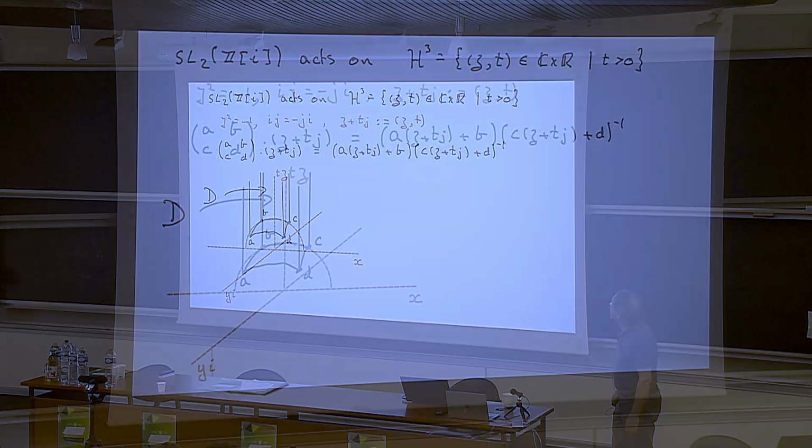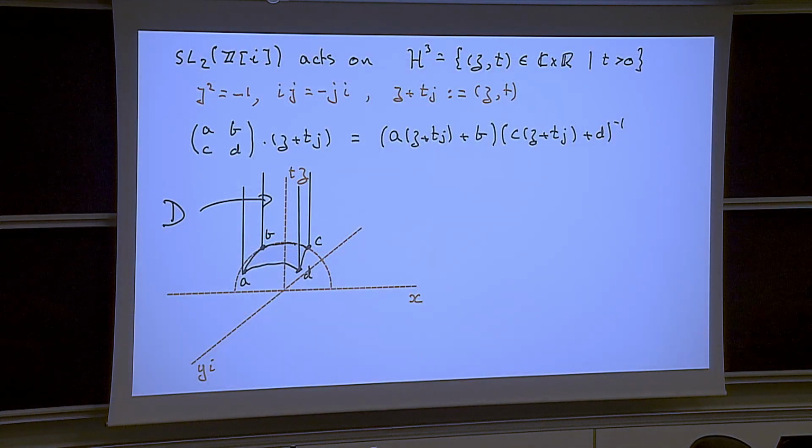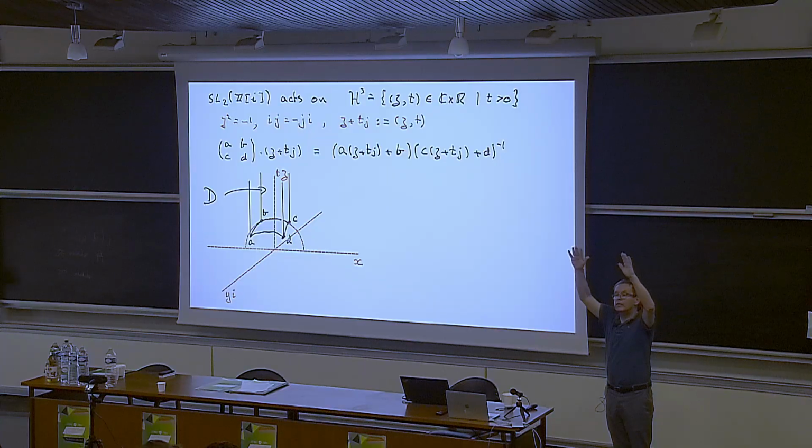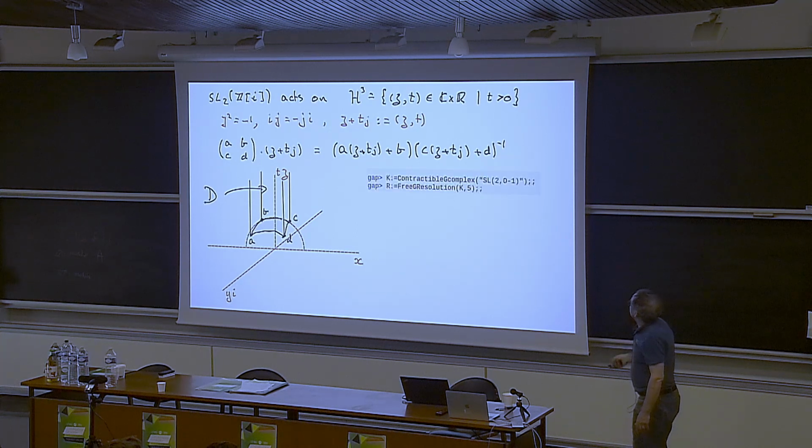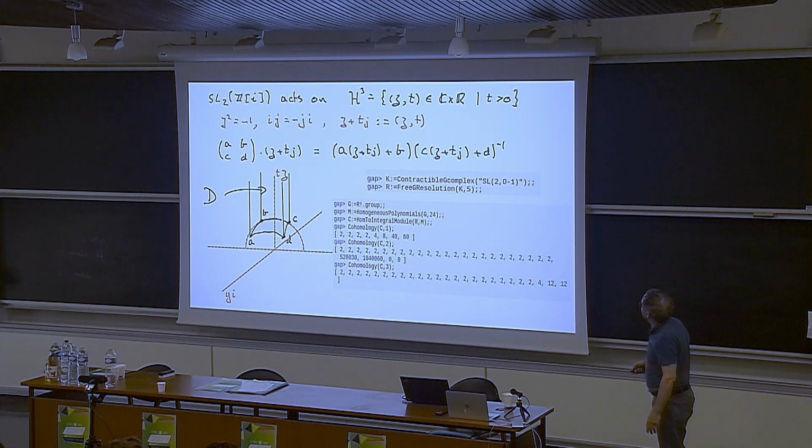Then, as in the case of SL2Z, where you can contract the upper half space onto the trivalent tree, in this case you can contract the upper half space onto a two-dimensional complex, which is more convenient to encode in HAP. So you can do commands like this, construct a free resolution, and then for this group with homogeneous polynomials of degree 24, whatever, you can work out the cohomology and homology.